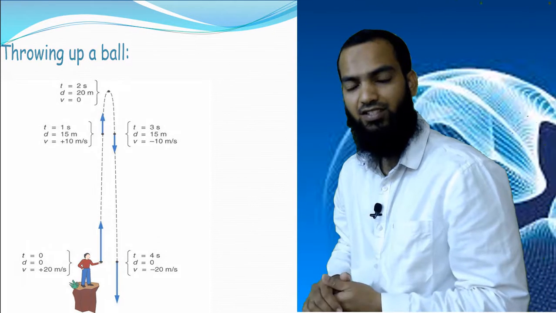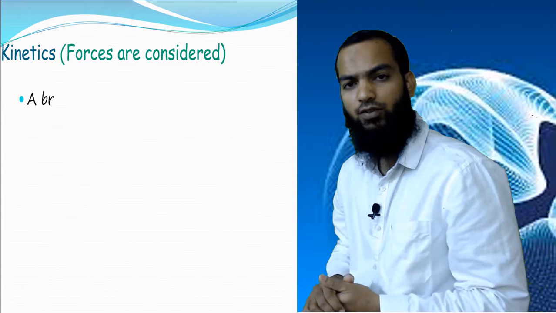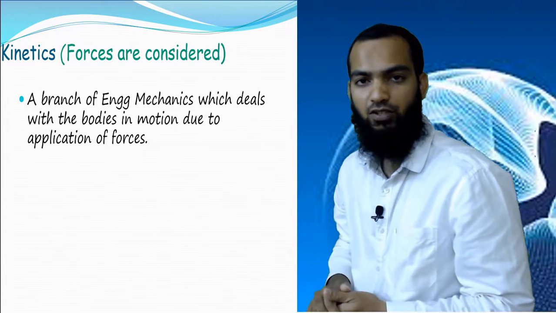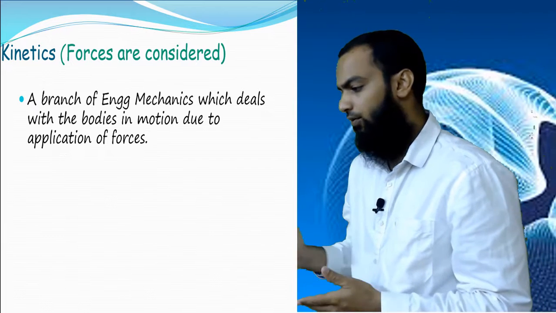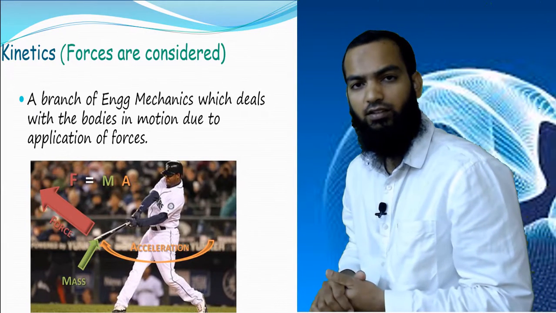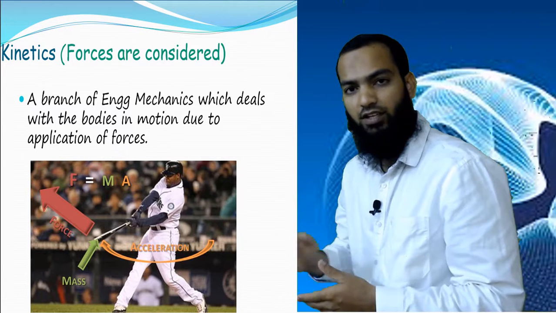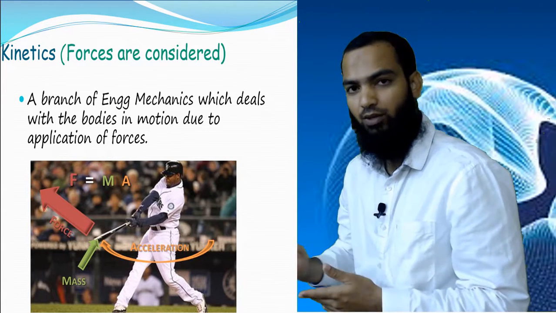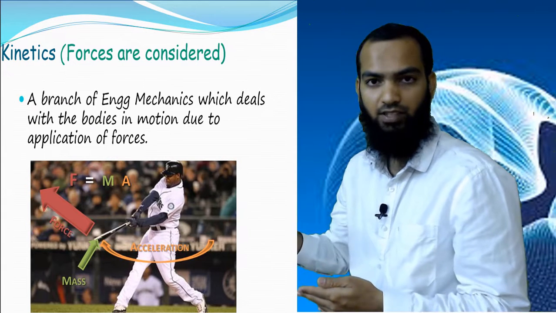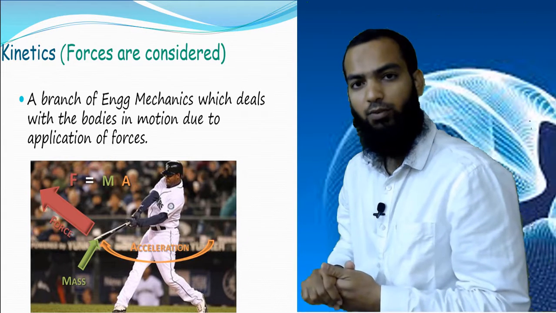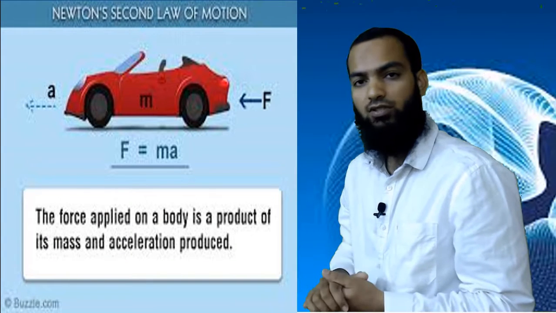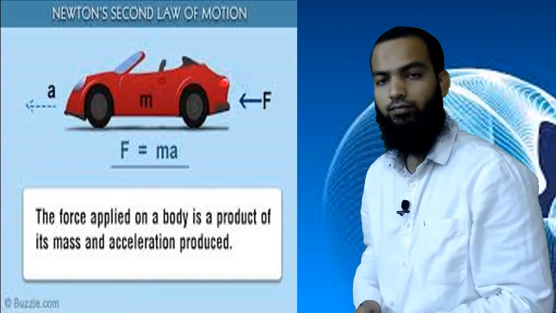Now the last one is kinetics. Kinetics is a branch of engineering mechanics which deals with bodies in motion due to the application of forces. You can see in the figure that the force generated on the ball is equal to the mass of the bat times the acceleration of the swing of the bat. From Newton's second law, we know force is equal to mass times acceleration.